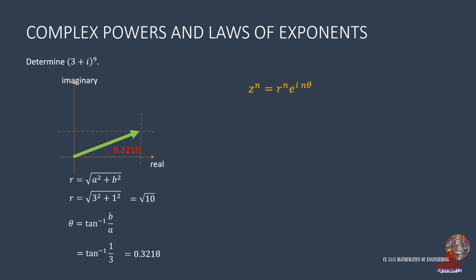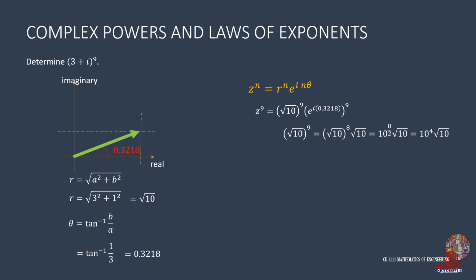Now, with the standard for z raised to n, we plug the modulus and argument to have the root of 10 raised to 9 times e raised to i times 0.3218 raised to 9. Let's simplify each part. The root of 10 raised to 9 can be written as the root of 10 raised to 8 with the root of 10.